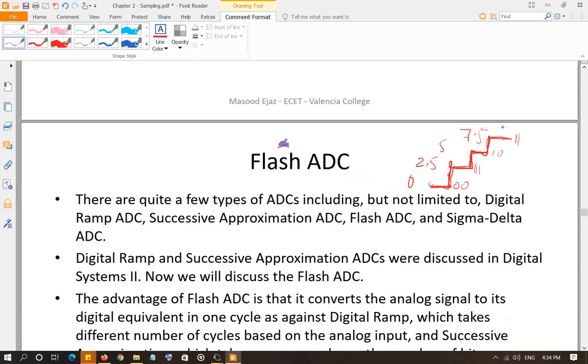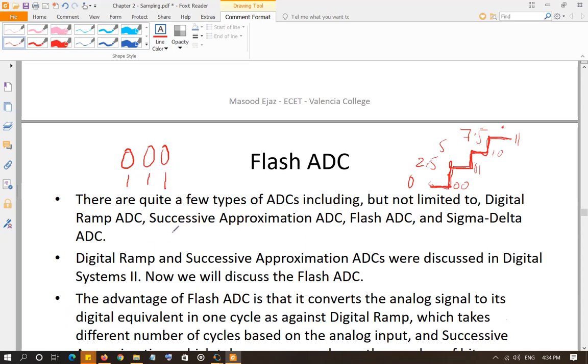The second that you discussed in Digital Systems 2 was Successive Approximation ADC. So let's say your ADC is 3 bits, right? So your values can go from 000 to 111, total 8 values.